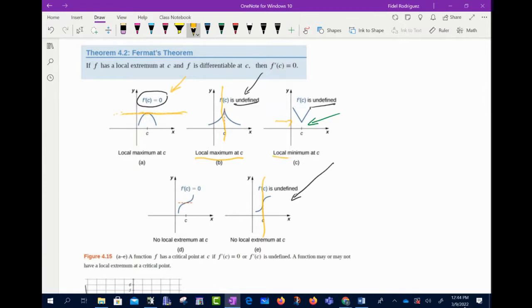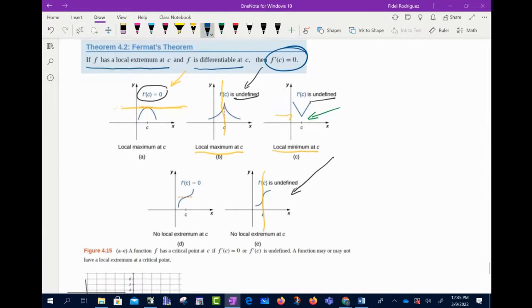And even though the derivative here was undefined, we still had a minimum. So Fermat's theorem says if f has a local extremum at c, so either a maximum or a minimum, and f is differentiable at c, then the derivative is going to be equal to 0.